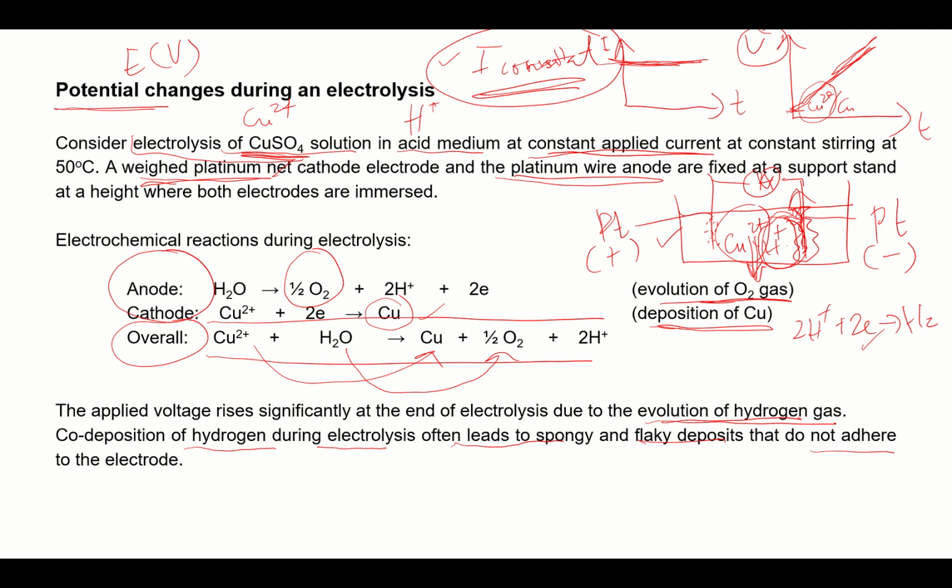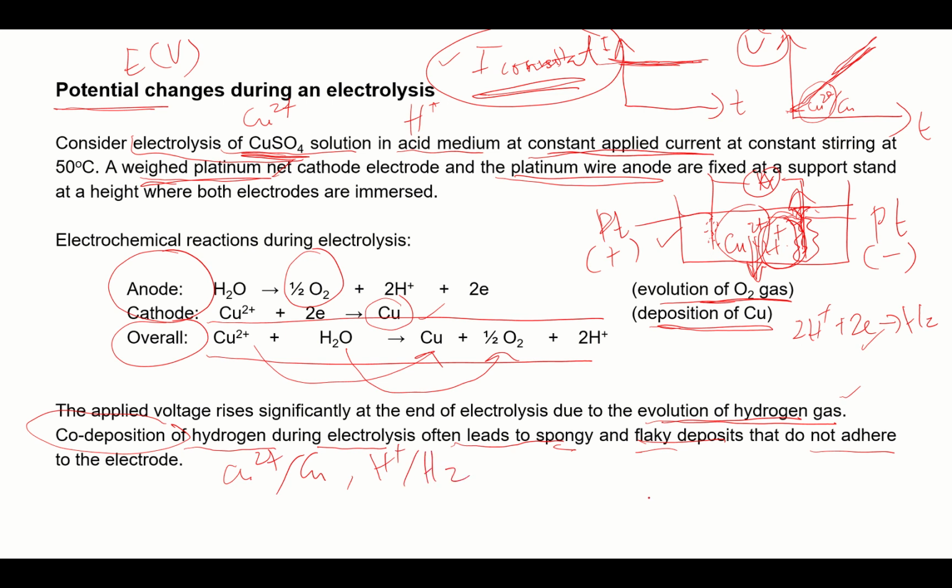So if you use constant current, the problem is that at the end, if you do the electrolysis or electrodeposition for a very long time, you will tend to form a top surface of the product that is spongy and flaky due to co-deposition, co-deposition between copper 2+ to copper and also hydrogen ion to hydrogen gas.